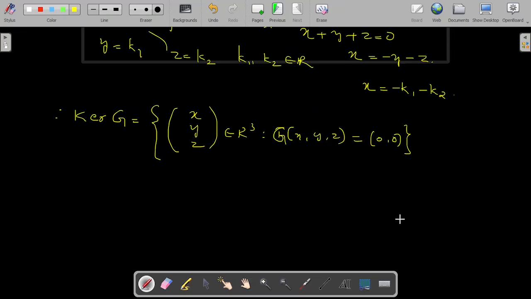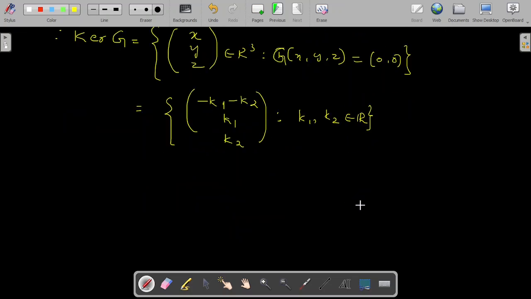So the kernel of G becomes, what are those values of x, y, z which map to 0? So x is minus k1 minus k2, y is k1, and z is k2. K1, k2 belong to R.